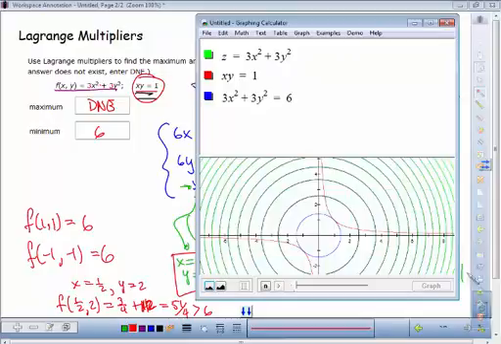I don't see a z variable. So what do you think it's going to look like? Let me show you that x times y is equal to 1 looks like these hyperbolas off to the first and third quadrants. So now, what do you think the surface is going to look like? You think it'll just stay on the plane?